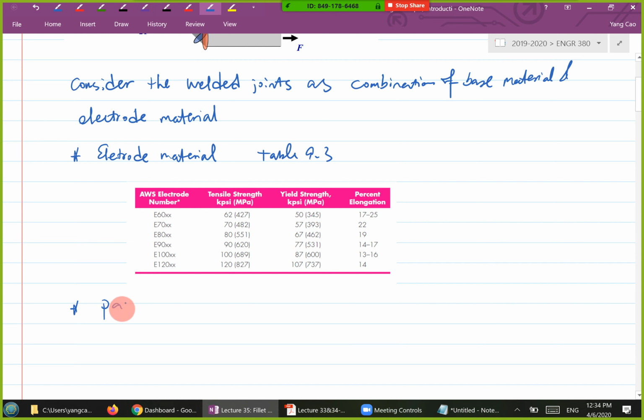Okay. And of course, the base material or the parent material. Those are the materials. You can easily look it up from appendix in the textbook.